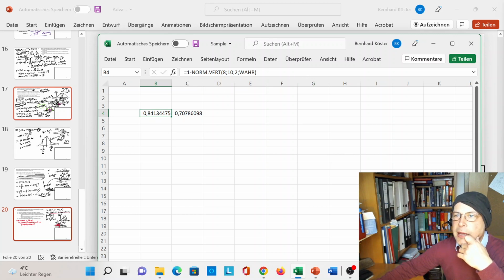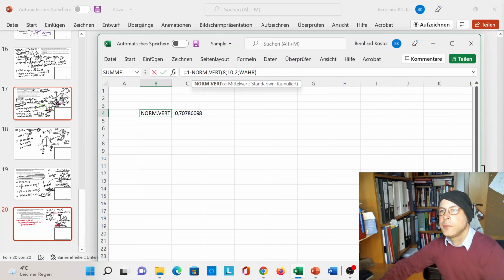Why do I have to put in here the 1 minus cumulated distribution up to 8? Because what area gives me this syntax back if we go in here?